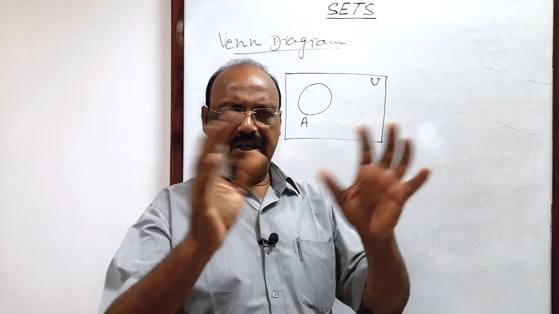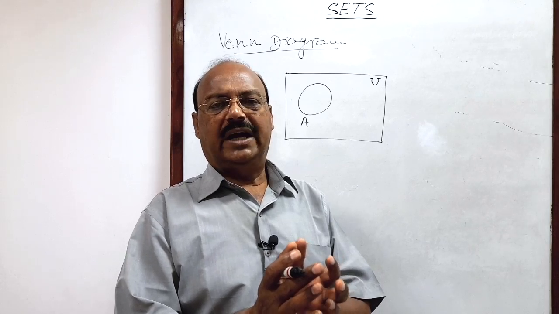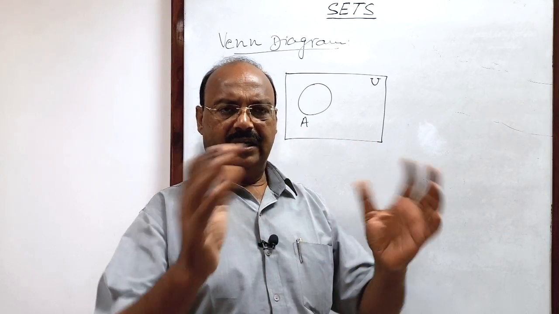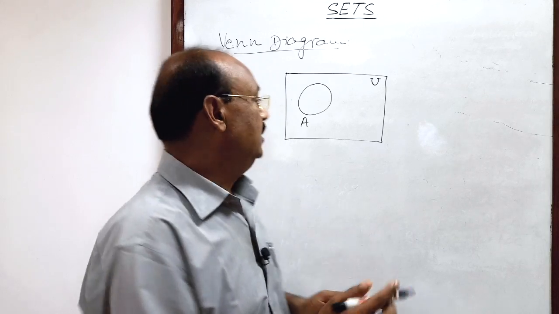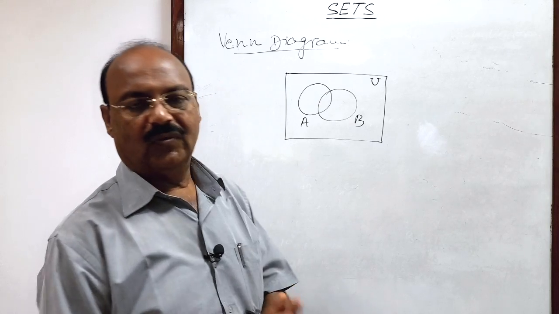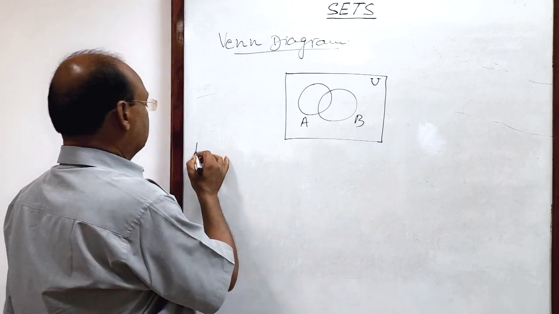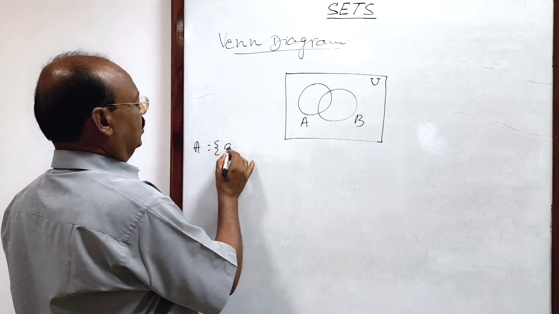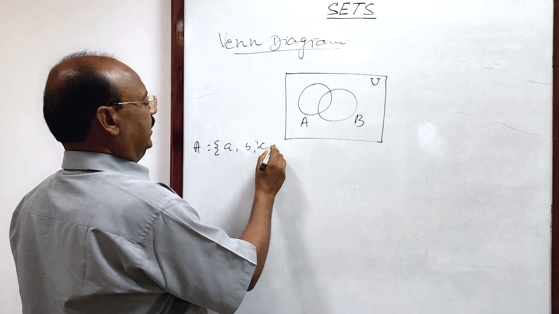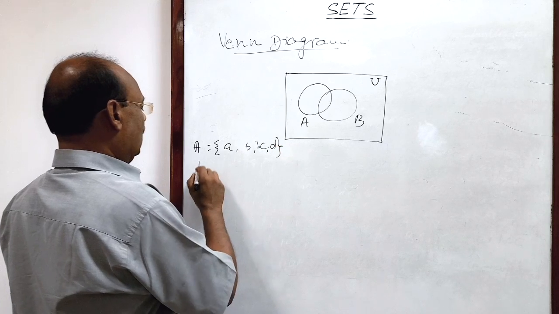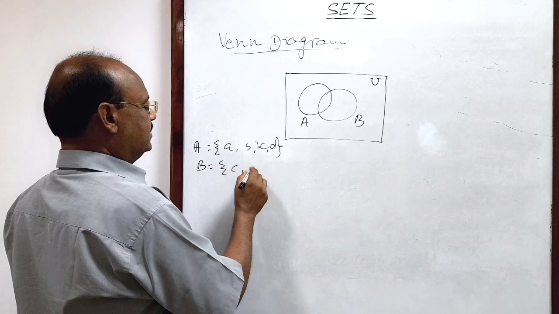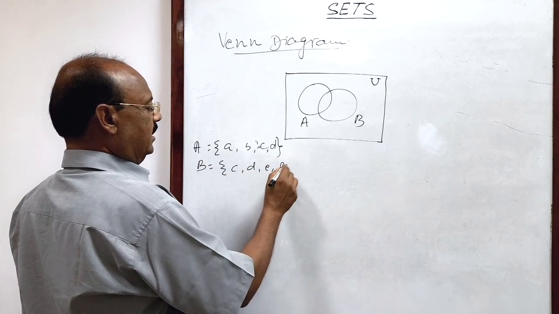So all internal points of set A represent set A, and all internal points of set B represent set B, like this. Okay, suppose set A consists of four elements A, B, C, D, and set B consists of four elements C, D, E, F.